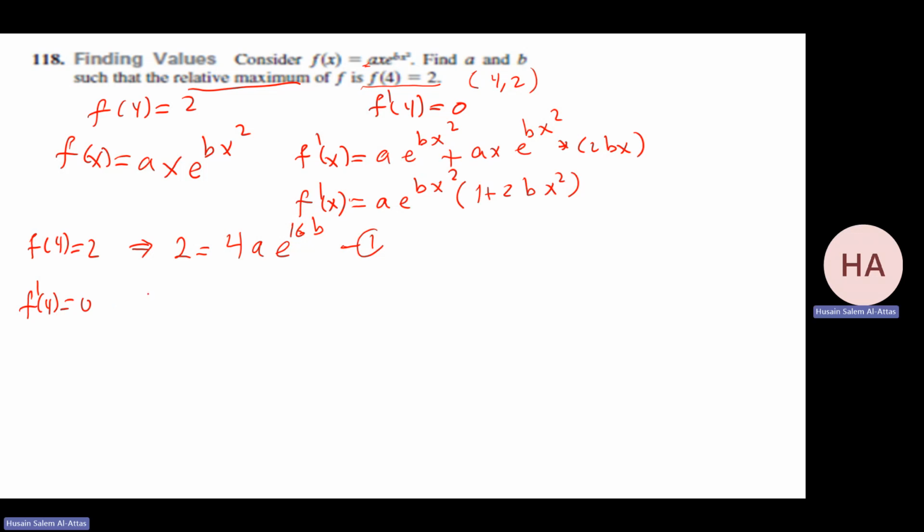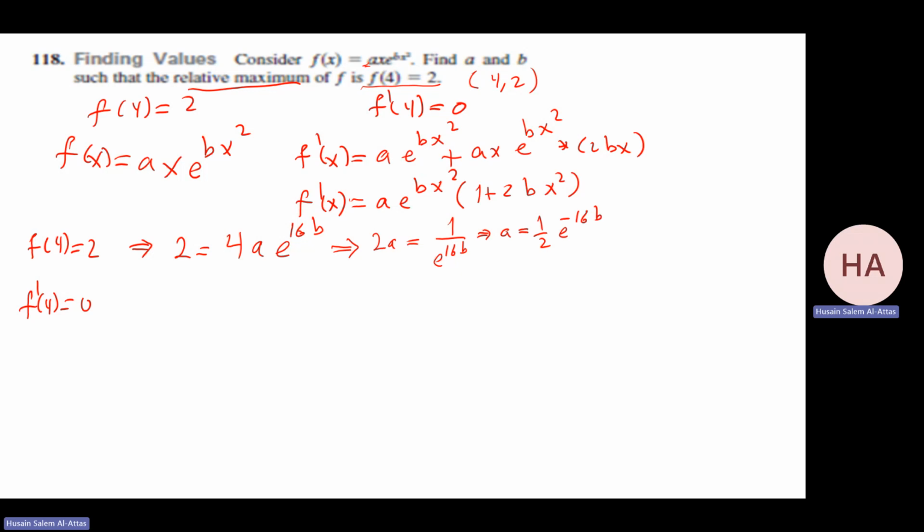For this one, I can simplify as 2A equals 1 over e to the power 16B. So A equals half e to the minus 16B. This is A in terms of B.